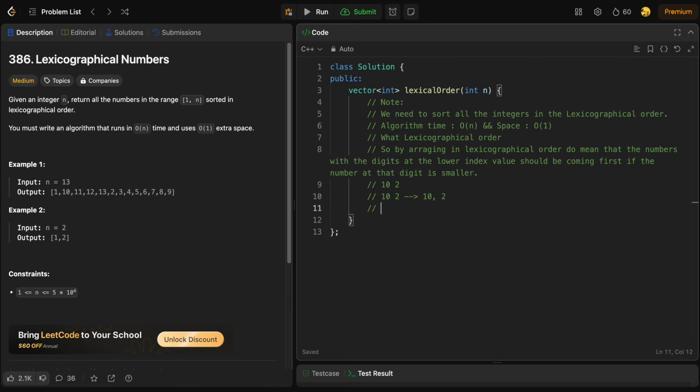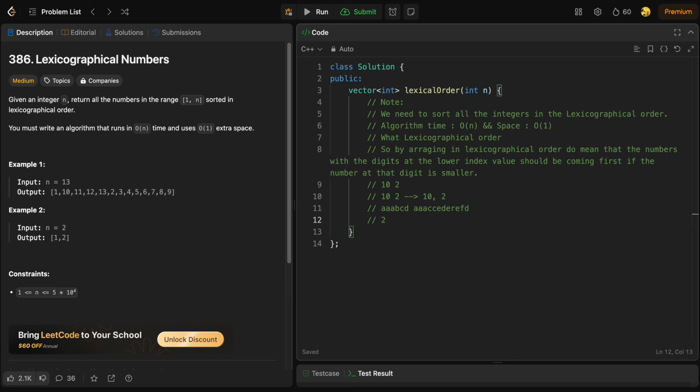In a dictionary, no matter what the word is, like A, B, C, D or A, D, D, C, only the first character is checked first. So B is lesser than C, so this would come first.